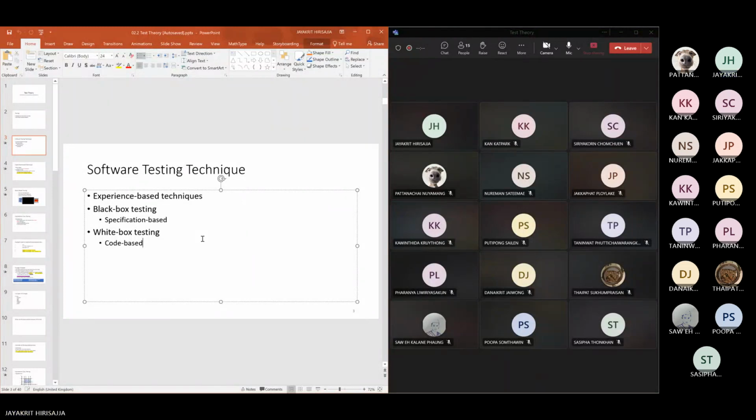And then the white box testing is code based. What does this mean? Actually, it's called a white box, but a white box would still not let us know what is inside. For my explanation, think of it as a clear box.